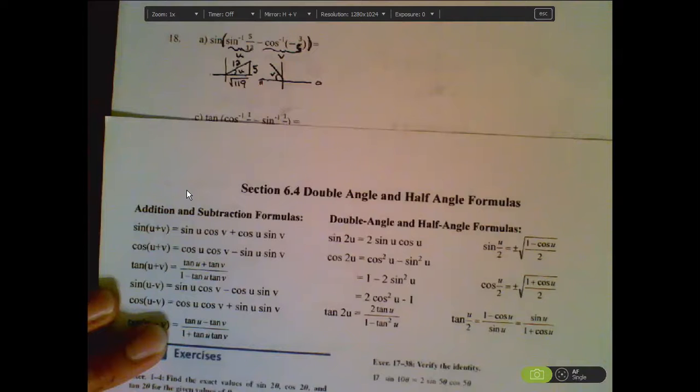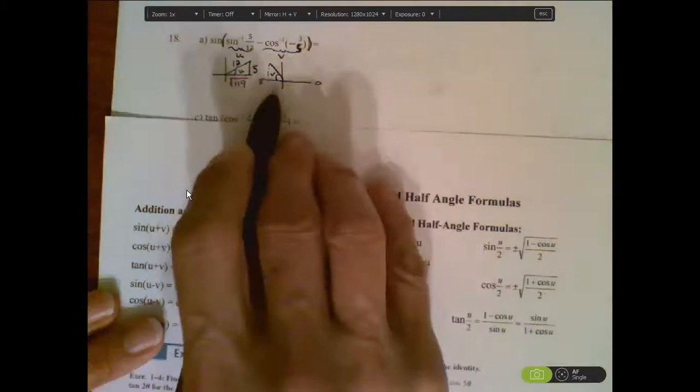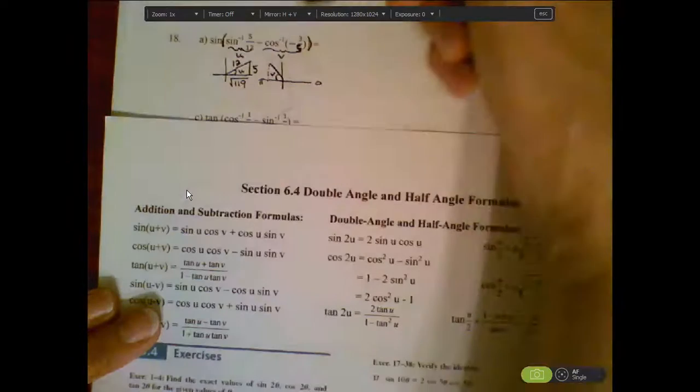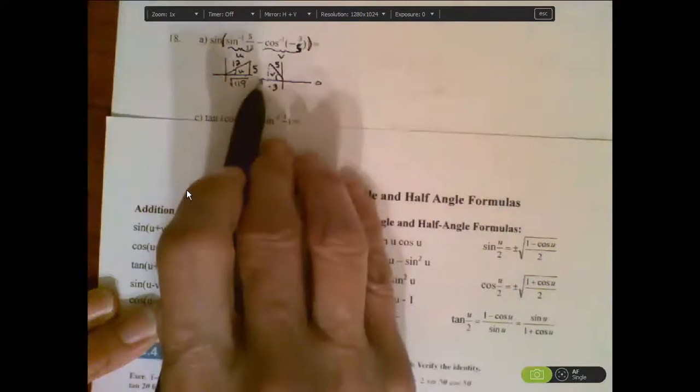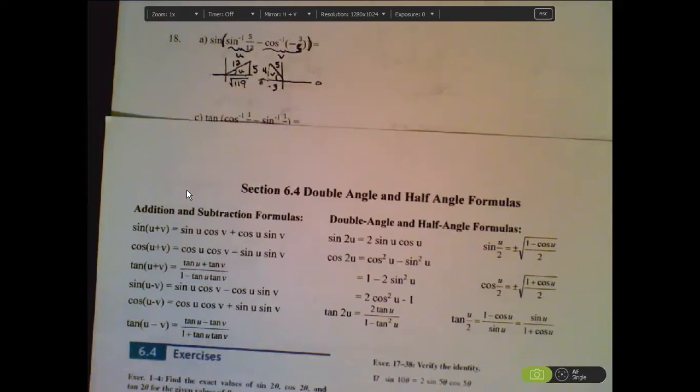I'm going to label this angle it makes with the x-axis V, and then I'm going to drop a vertical line down to the nearest x-axis and label that triangle in such a way that adjacent is -3, hypotenuse is 5, and that means opposite has to be 4 by the Pythagorean theorem.